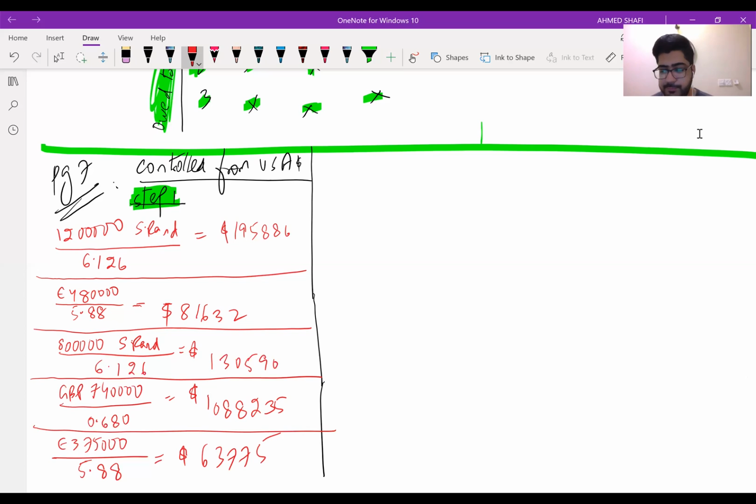That's the first step: convert all intercompany balances into one currency.